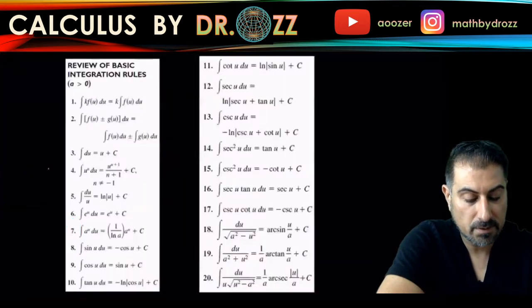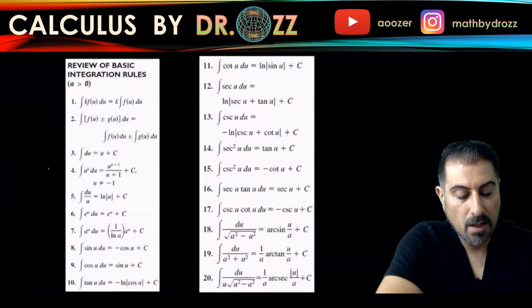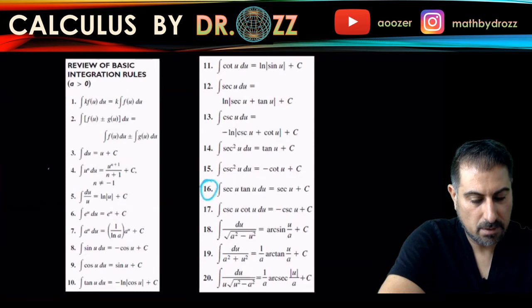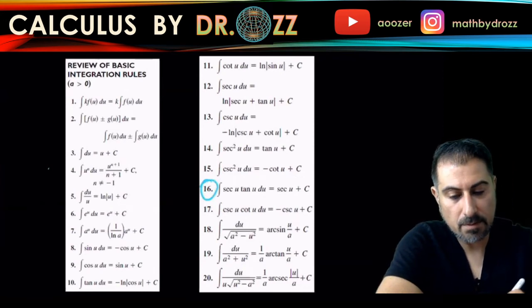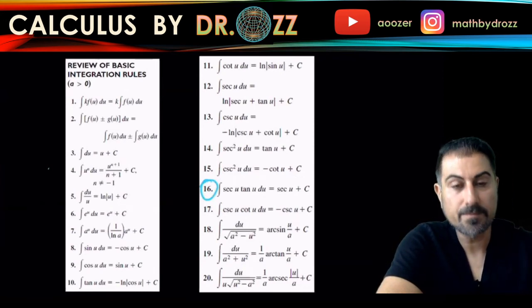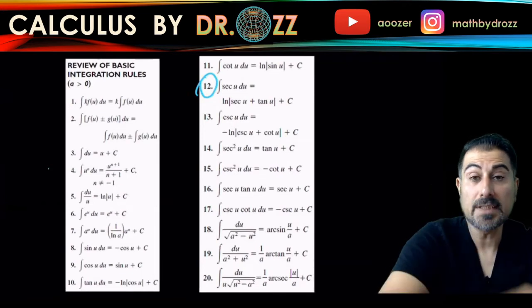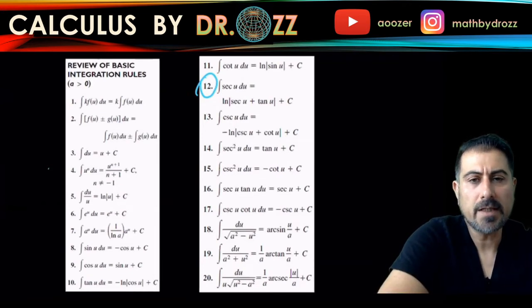That is in fact the integral of secant u. I'm sorry, not 16, but 12. Okay, so that should be 12, right? So the integral of secant u du is ln absolute value of secant u plus tangent u, and in our case u equals x.